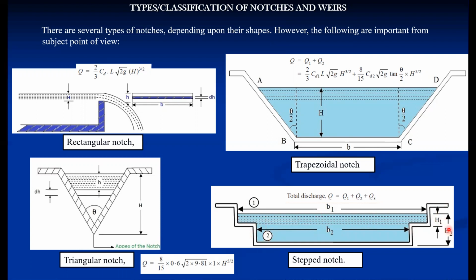So H1 for the lower step, and H2 is considered for the entire free liquid surface. Only H1 we consider here, this much. Accordingly, we can convert this step notch into multiple rectangular notches, and the addition of all gives us the total discharge of this particular notch. So this is our step notch.